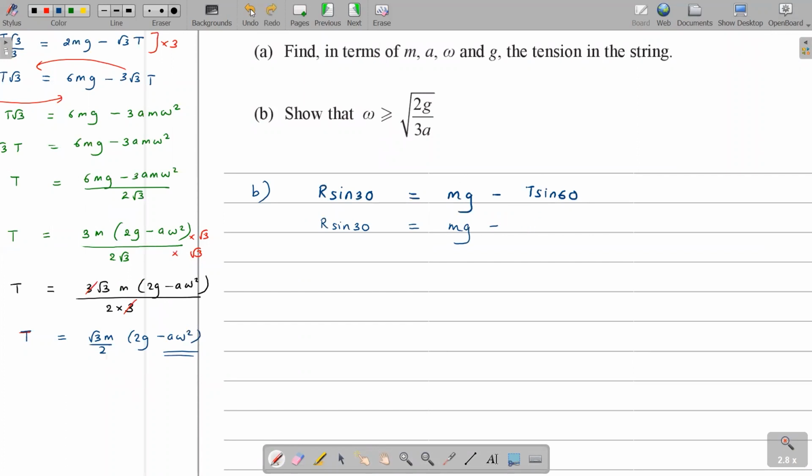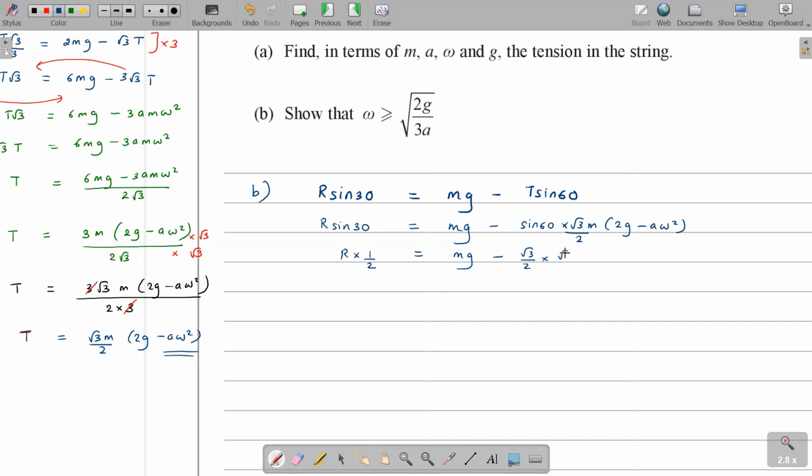Shall I try the sine 60 first? Sine 60 times T is root 3 m over 2 times 2g minus a omega square. And I input the value, sine 30 is half. R into half equals mg minus, and the value sine 60 is root 3 over 2, right?